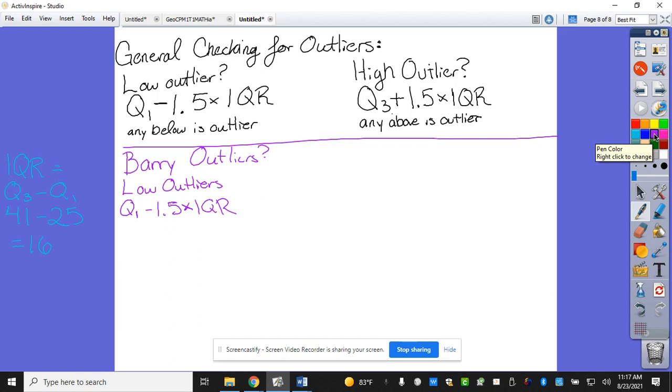What's Q1? 25. Minus, so this is where some people are going to write 1.5 times 16. What's half of 16? What's 16 plus 8? So some people are going to write 24 there, and some people are going to write this, and I don't care which way you do it. So 25 minus 24 gives me what?